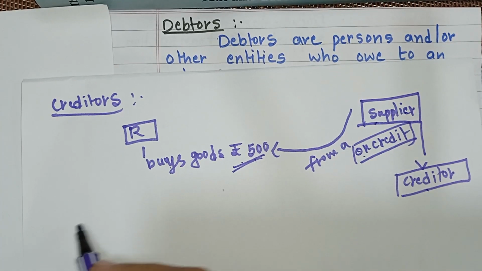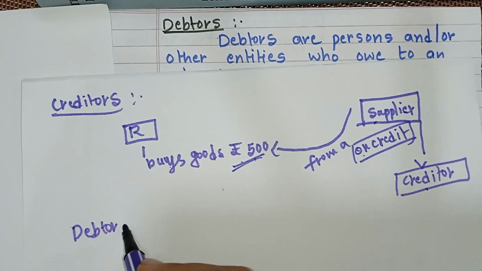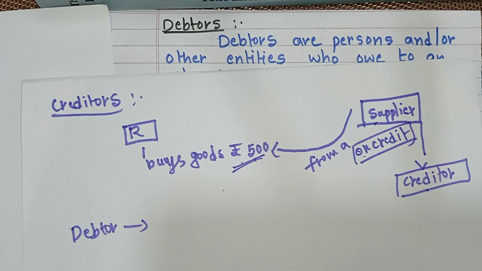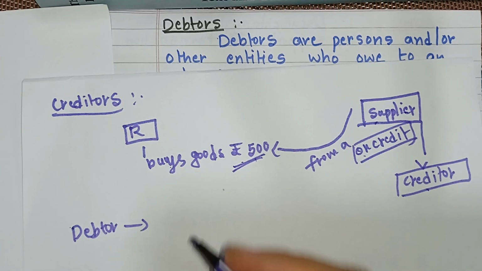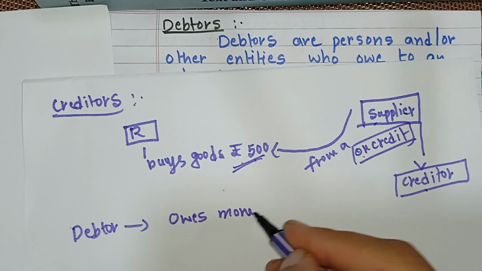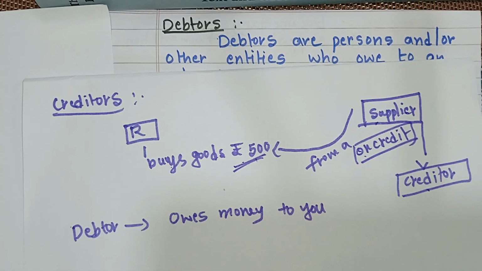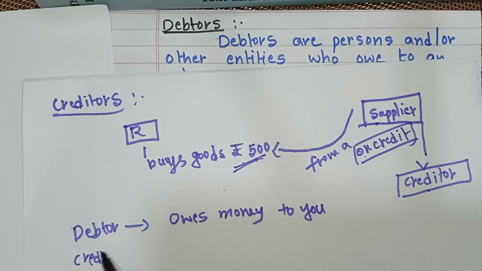Okay. In short, debtor means owes money to you. And creditor means you owe money to them.